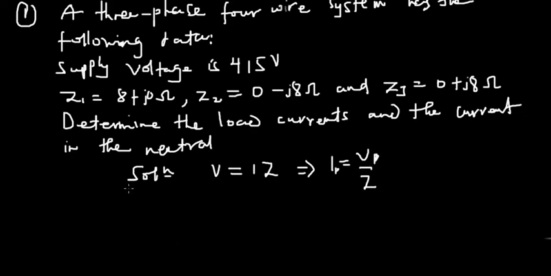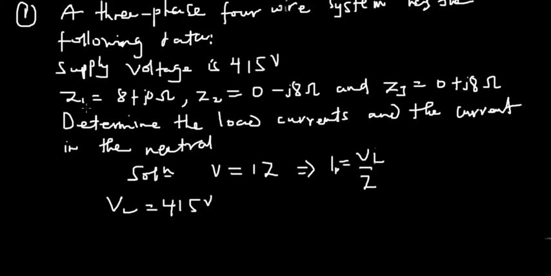The supply voltage could be VL, take note of that, VL, and then we have our IPs. So we have VL equal to 415 volts, and then we have our Z's.